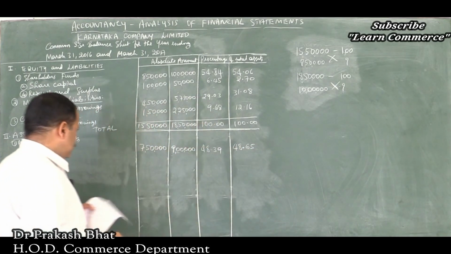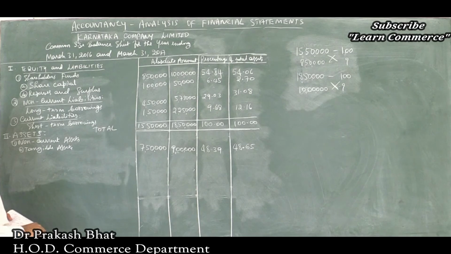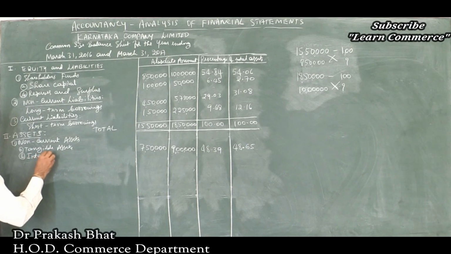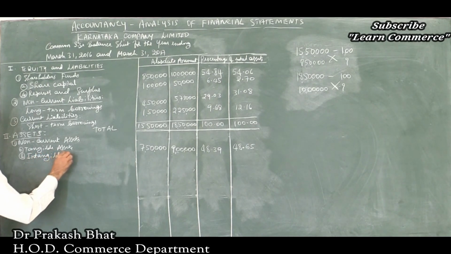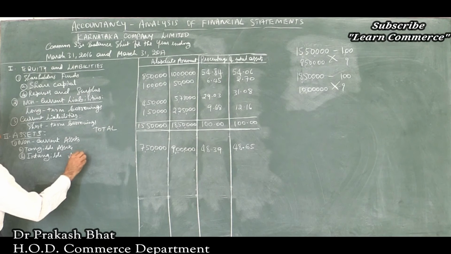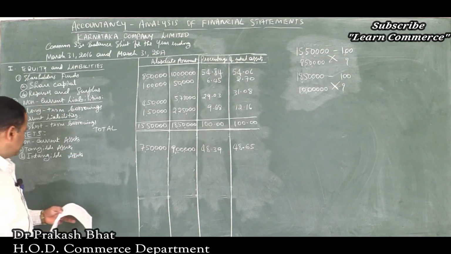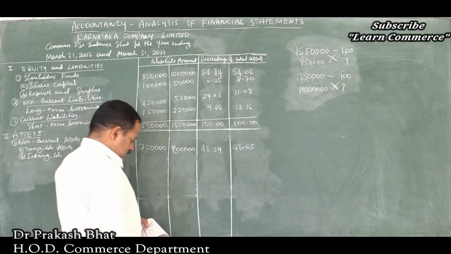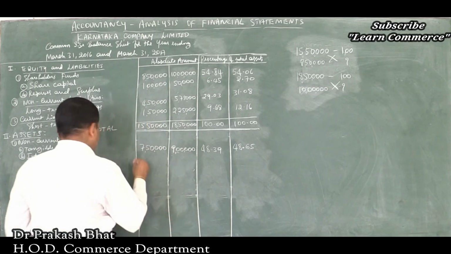Yes. Now next, let's move on to intangible assets. Point B, intangible assets. How much is it? 4 lakh and 4,50,000. Correct.